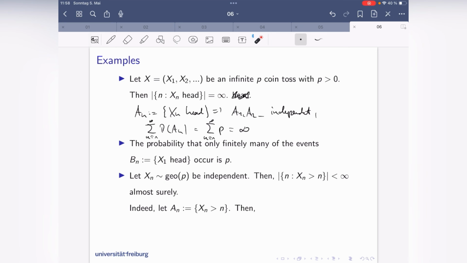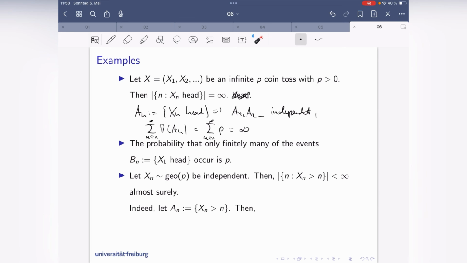Okay, here's the last example, which is the only non-trivial one. Assume you have a geometric p distribution. So, for example, you try over and over again to roll a 6 with a die.